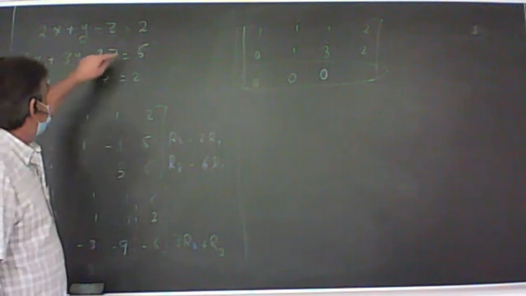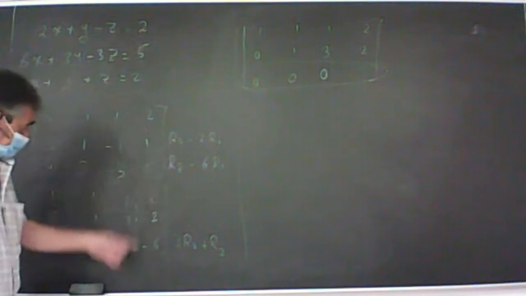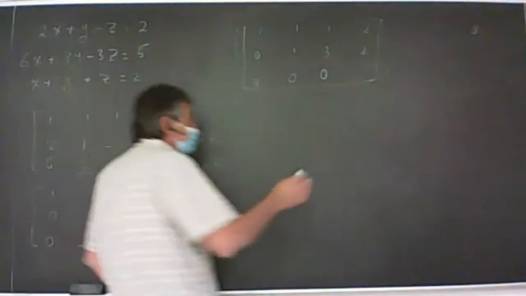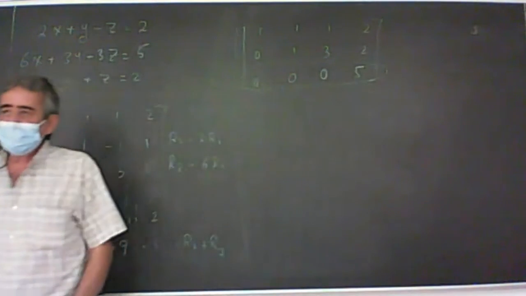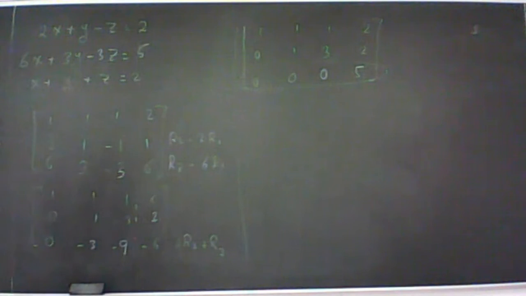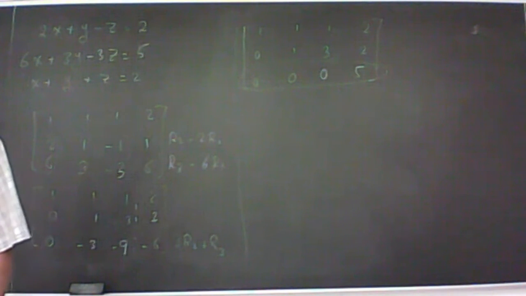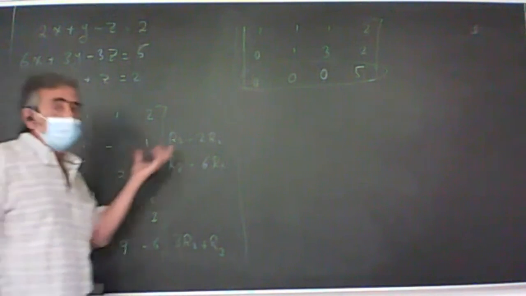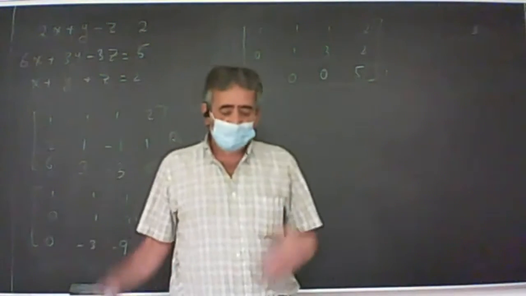Row 2 minus 2 row 1, 5, and this is going to be a 1. Let's say we end up with a 5 here. What does that say? 0 equal 5? Is that possible? So instead of infinitely many, we have no solution. Yeah? So those are the two scenarios you're probably going to end up with.